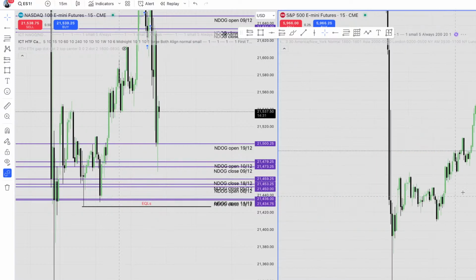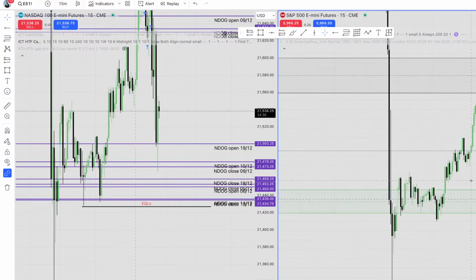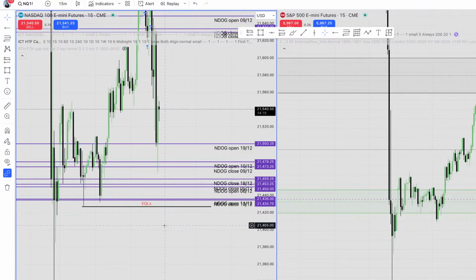So they're both basically at the same level. Oh, so this is an SMT between both of them. You see how important the SMT is? Look at this rally. This is a 15-minute SMT. That's how you know price is going up.